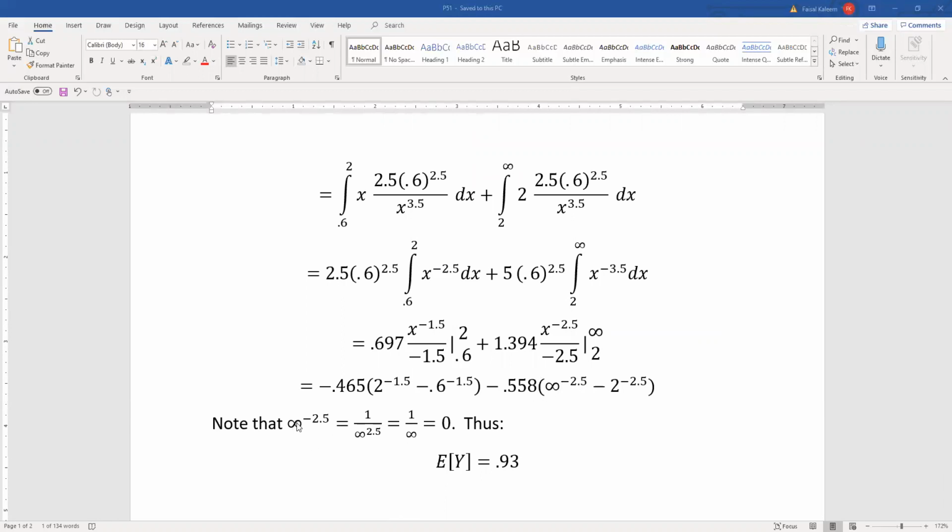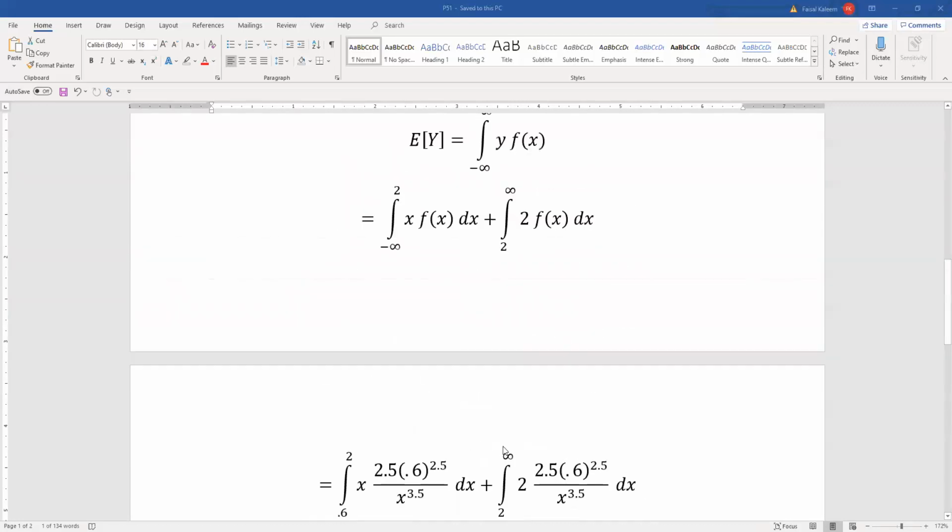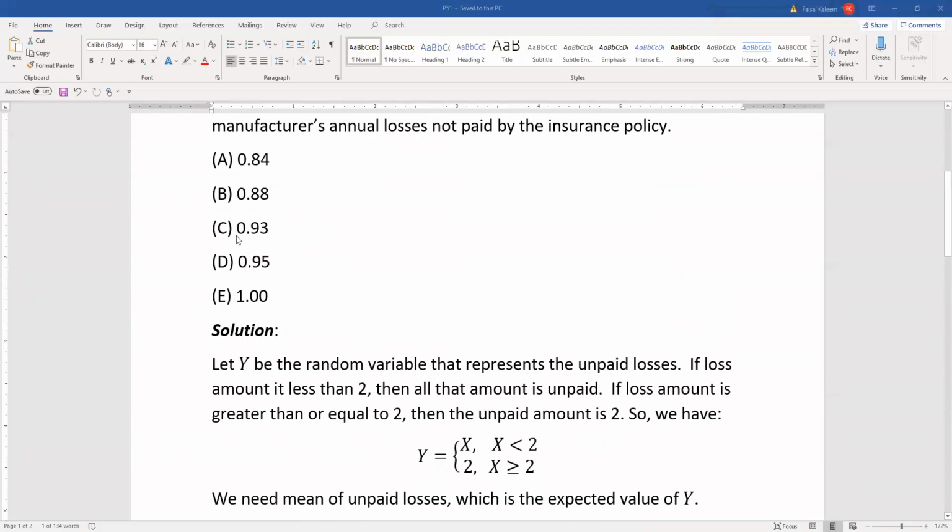Like we see here, infinity to the power negative 2.5 is 1 divided by infinity to the power 2.5. That's 1 over infinity, and that's actually 0. So this part is 0, and therefore the value of all this expression comes out to be 0.93, which is choice C.